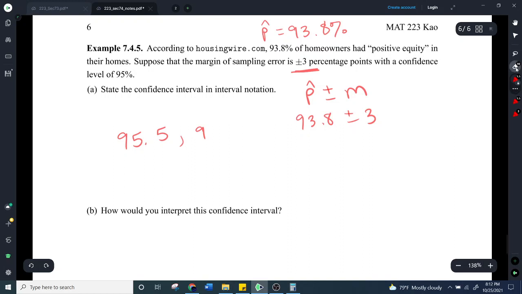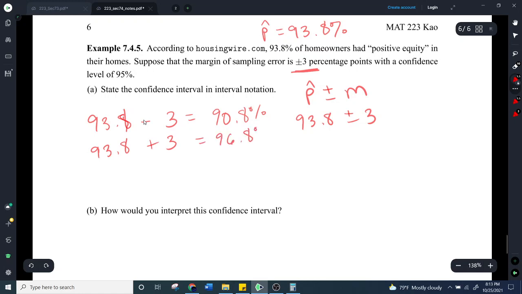Hold on. Trying to do too many things at once here. Let me write this out so you can see what I'm doing. 93.8% minus the 3% puts me at 90.8% for my lower bound. 93.8% plus the 3% puts me at 96.8%.